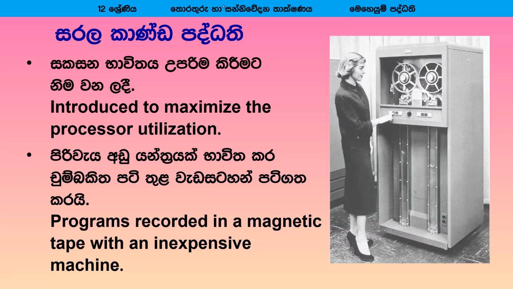The processor was idling when we were doing the input output thing. Still, in this era, it has the same problem, but they have introduced some other techniques to maximize the processor utilization. I'll tell you how it happens.